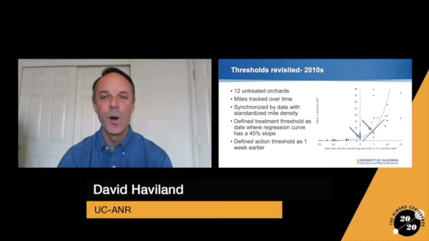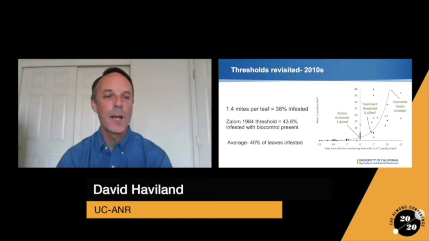What we found out was you should decide to treat if there's 1.4 mites per leaf to prevent the population from getting to 5.4 per leaf, to therefore prevent economic losses, which are well above that point somewhere in the top of this chart. Now, how does that relate to real numbers? 1.4 mites per leaf is the threshold, which is 38% of leaves infested.